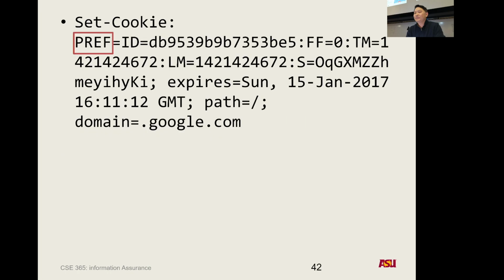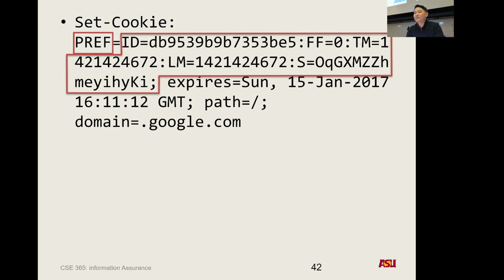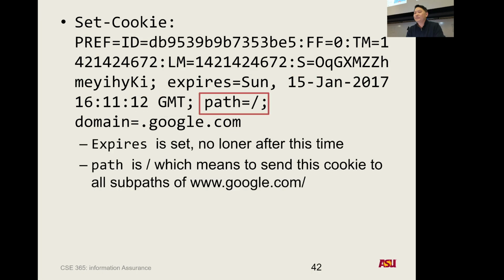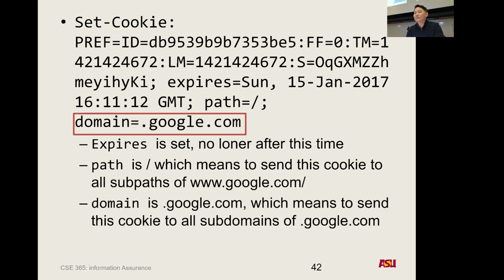For example, Set-Cookie: this is the name and value pair. Usually that is the way to define the cookie value. So the prep app is the name, and this is the value of that name parameter. This is another cookie value, so we can expire the contents.